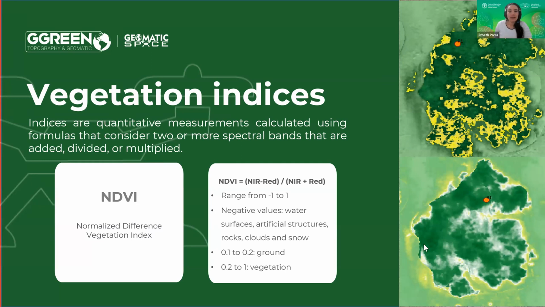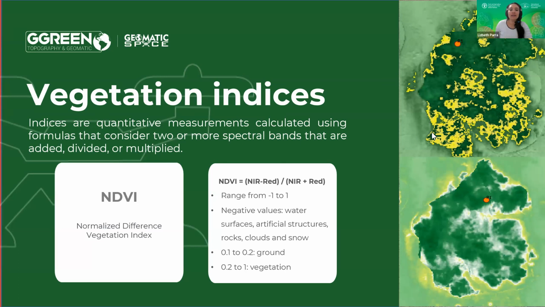En esta parte podemos observar la fórmula de este índice de vegetación, la cual incluye dos bandas espectrales que son infrarrojo cercano y verde, donde se resta, se suma y se divide para obtener un rango de valores.